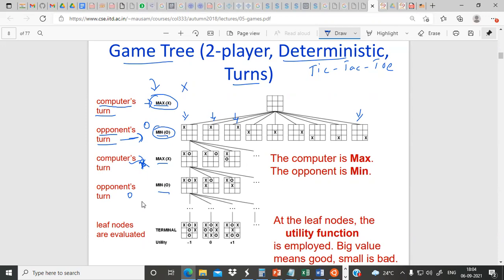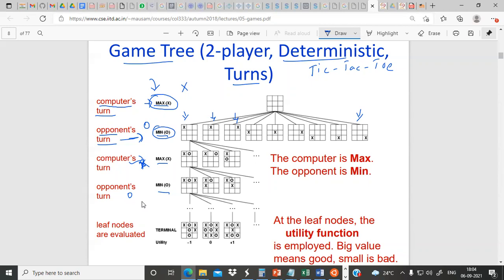If the computer has made this move, the opponent has 8 possibilities, right? Other than this position, the opponent can keep it anywhere. Similarly, if the computer made this move, what are the possible moves of the opponent?